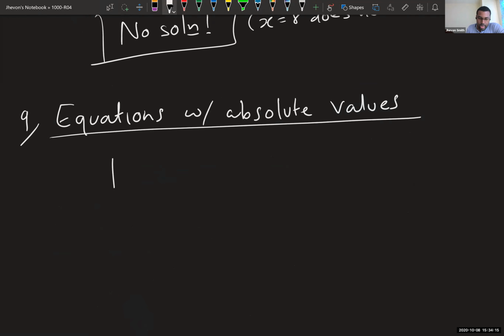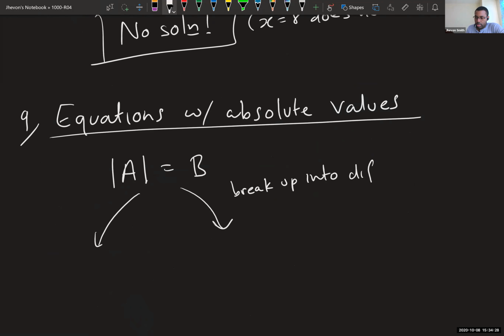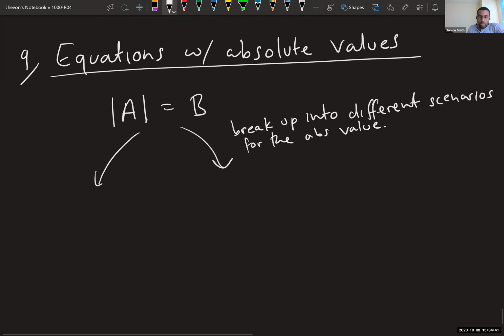So if you have something like the absolute value of some expression A equals B, the idea is you break up into all scenarios, different scenarios, which depending on the context can be 2 or 3 for the absolute value. It's possible that the absolute value is going to return the original expression, or it might return the negative of the original expression, depending on whether the inside is positive or negative. Then you solve each individually.